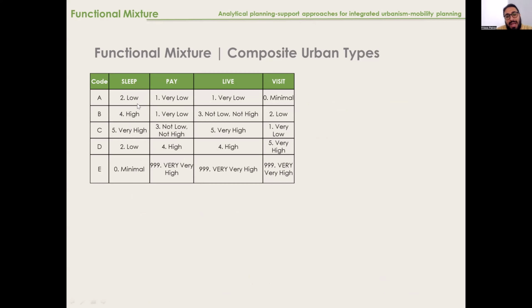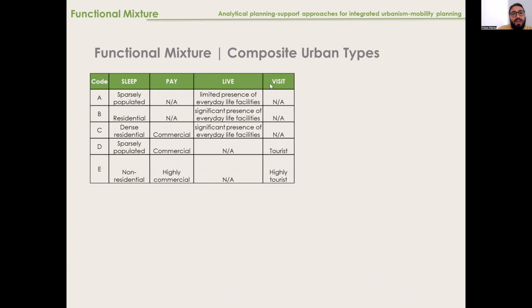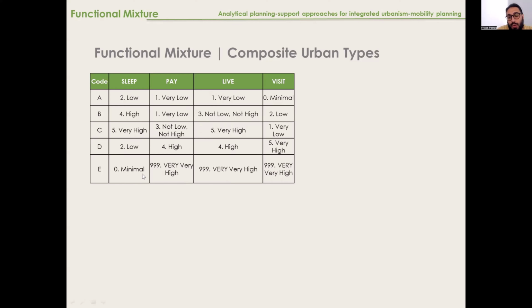In the same idea that we discussed for the build density, the quantification of the metrics that we described before for sleep, pay, live, and visit can be translated into specific characterizations as sparse populated, residential, and so on for sleep, or commercial and highly commercial for pay, limited and significant presence of life facilities, and tourist and highly tourist for visit. Exactly linked to their quantification, more or less.